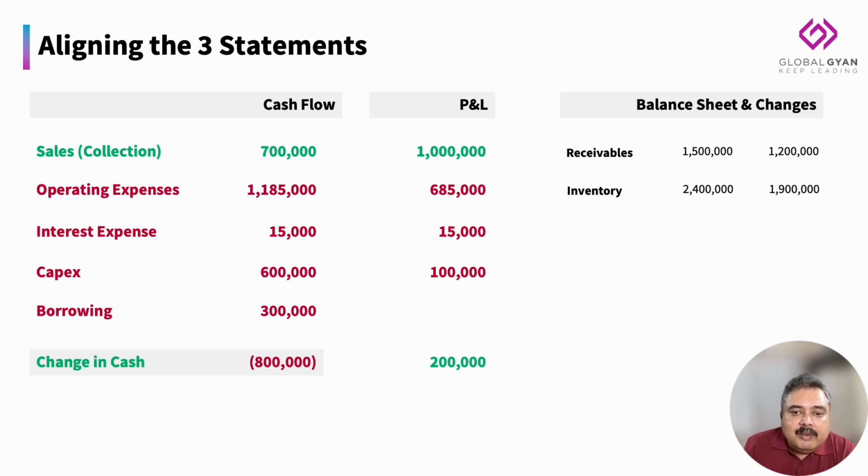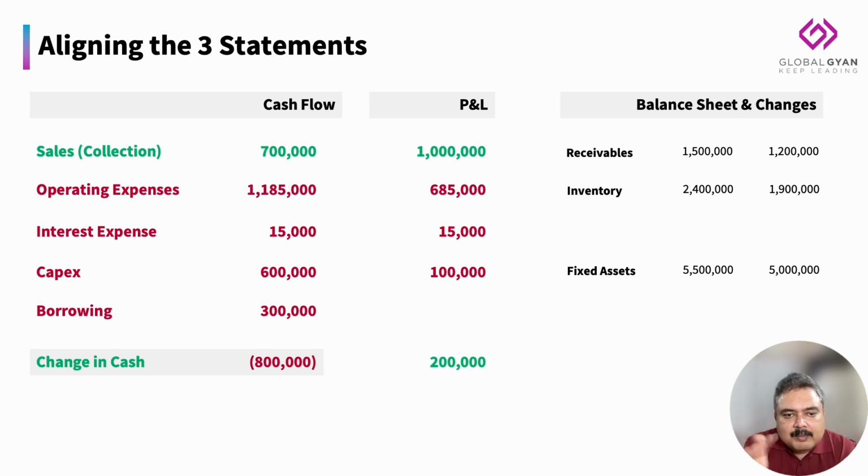So I've actually added 500,000 to my inventory, and that's why I have produced worth 1.185 but sold only 685. That 500,000 difference is the increase in inventory, is what is showing up as an impact on my expense.